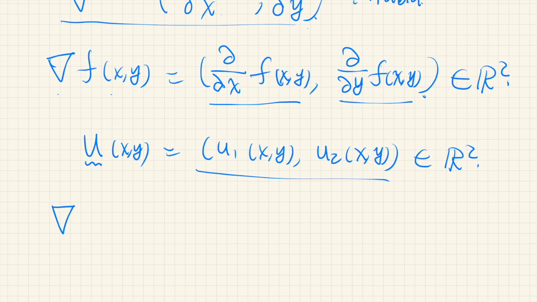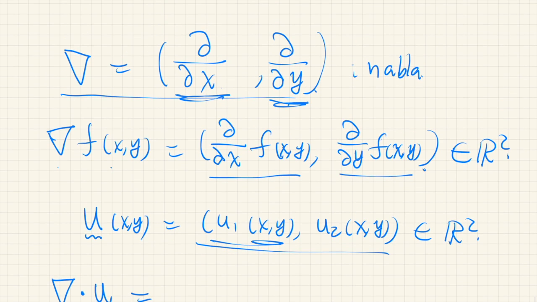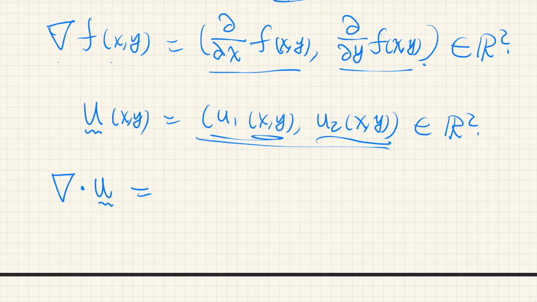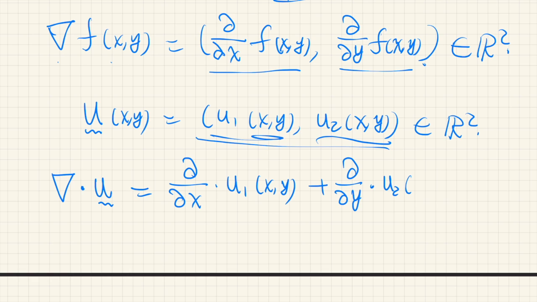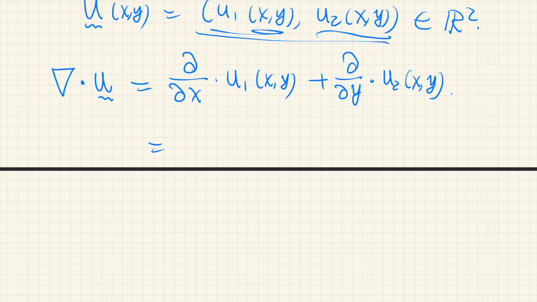Okay, so Nabla dot u is, remember the definition of dot products? That is this times this plus this times this. So that is the first component times the first component plus the second component times the second component. So we have the sum of partial derivatives.